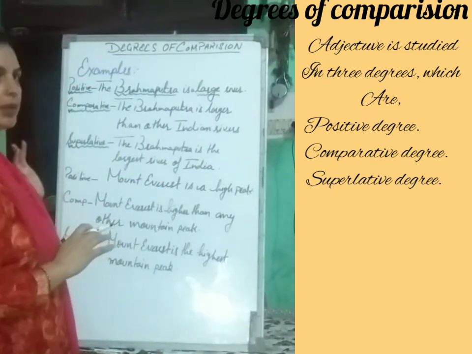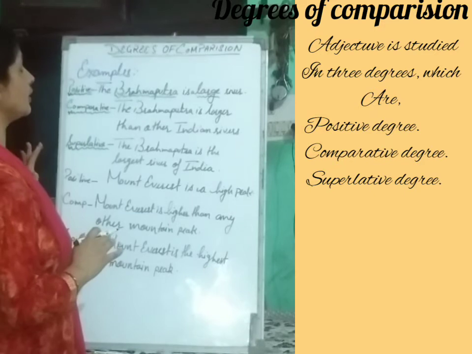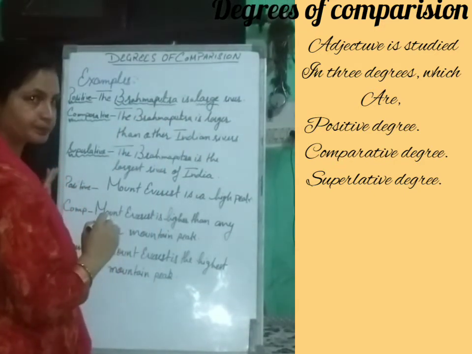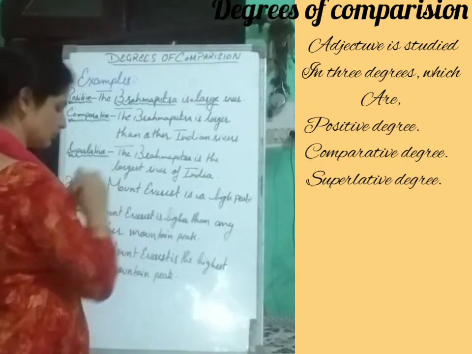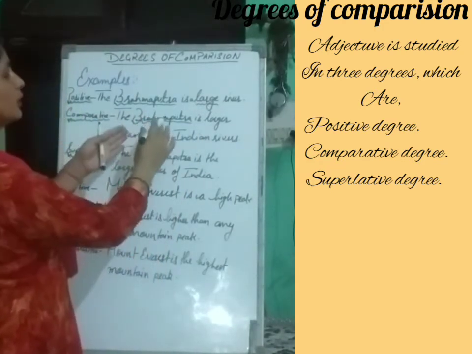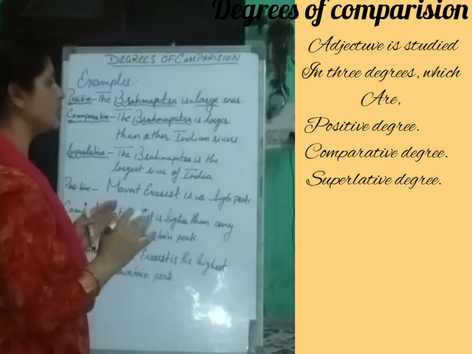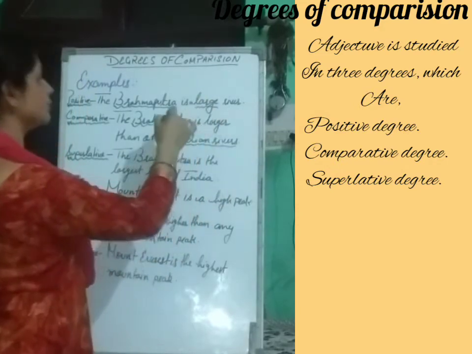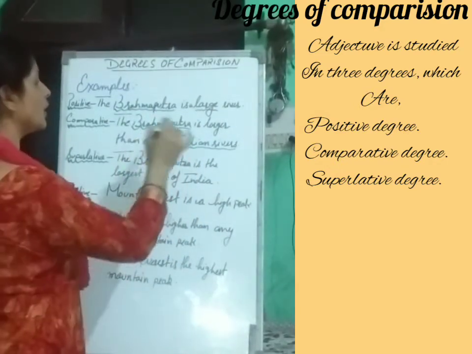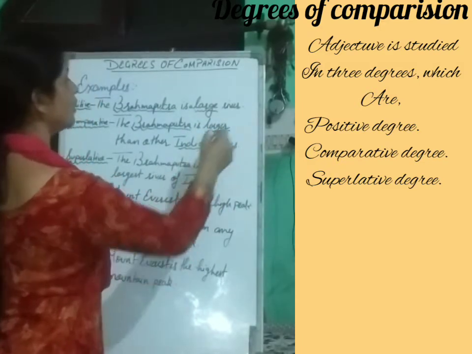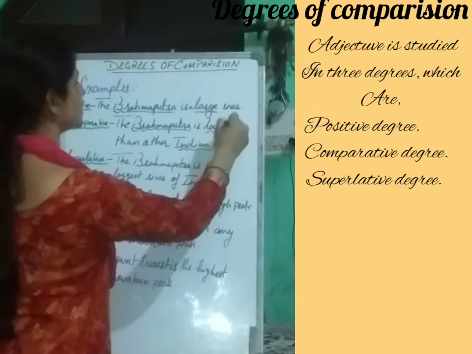Then we come to the comparative degree. In comparative degree, again the noun is Brahmaputra, and Brahmaputra is compared with other Indian rivers. Comparison is done between other rivers. And again the adjective, that is larger. Here we have used the suffix er.